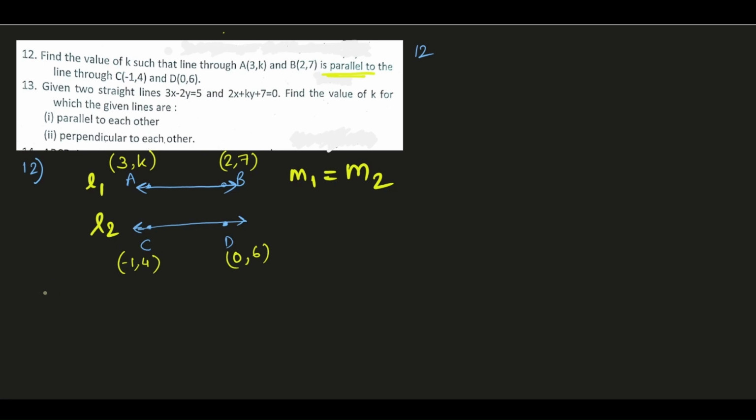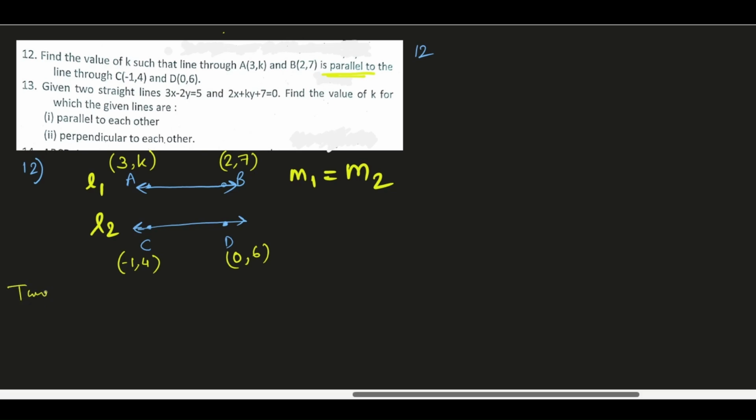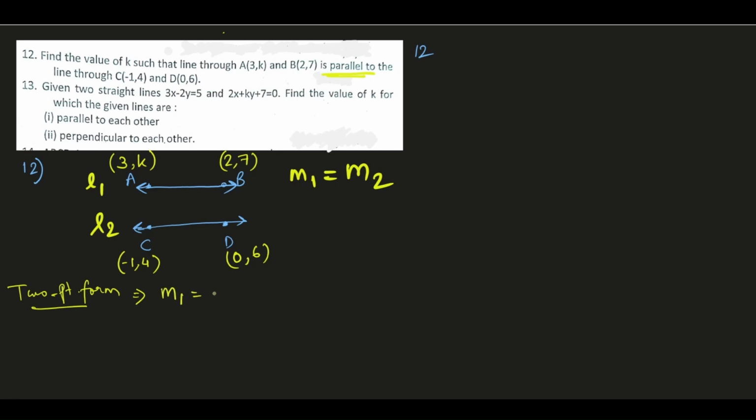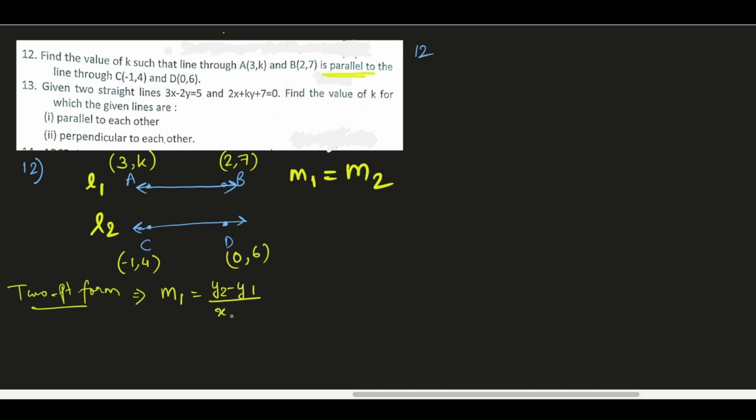So since there are 2 points, we will solve it by the 2 point form. In the 2 point form, the slope m1 formula is y2 minus y1 divided by x2 minus x1.